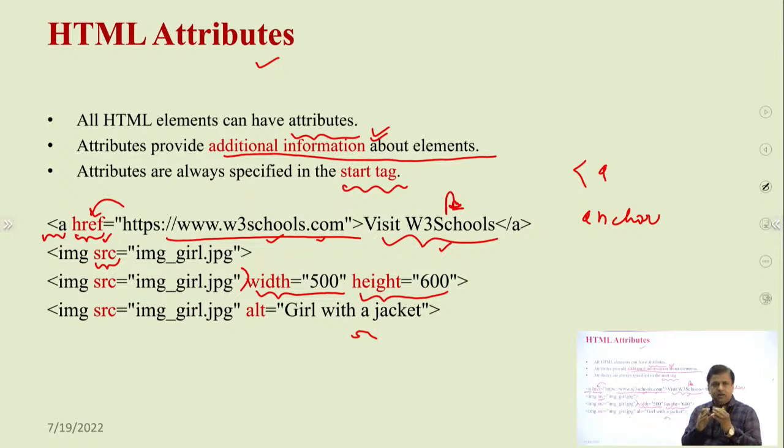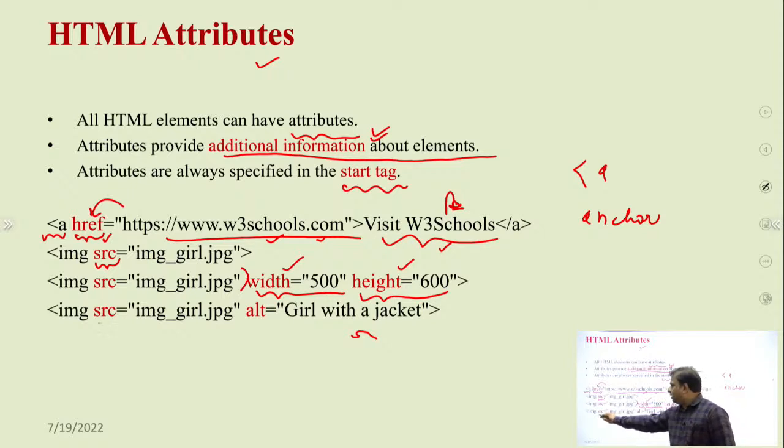I want to reduce it, or I want to extend it, whatever you want to do. So we can do it with the help of the additional information attributes, the width attribute and the height attribute. So we can either reduce the size of the image, or extend it, just by defining these two attributes of an image, the width and the height, right.